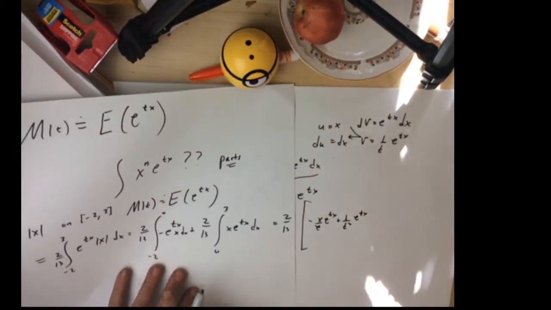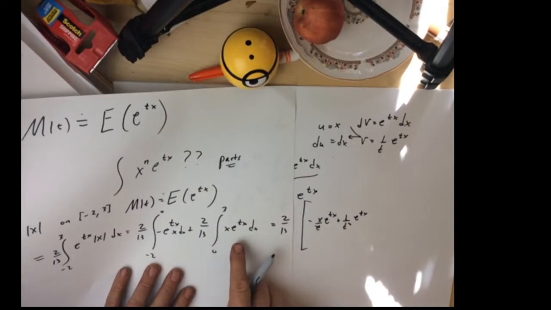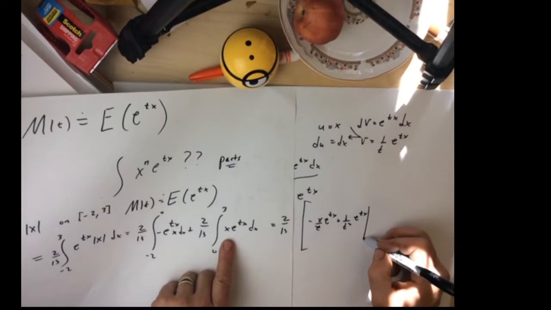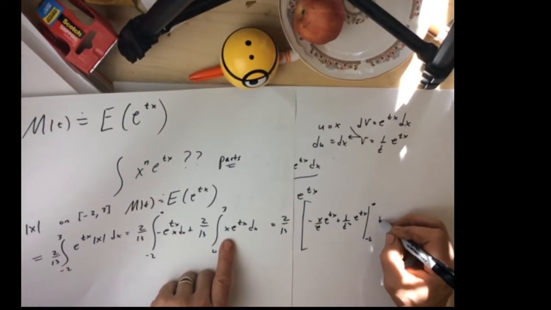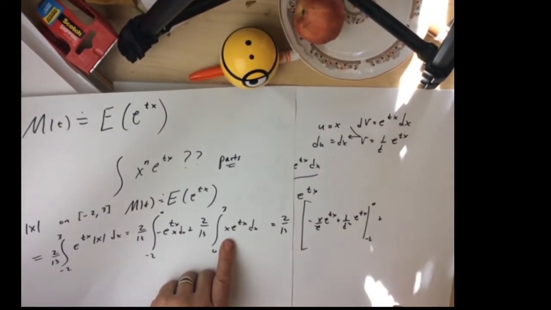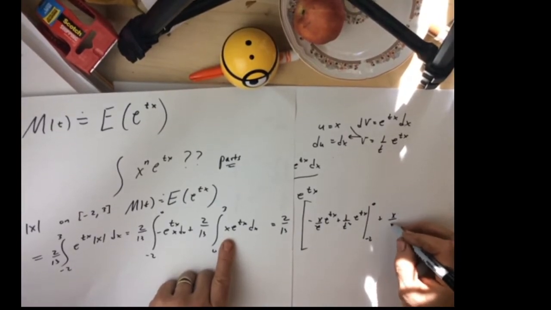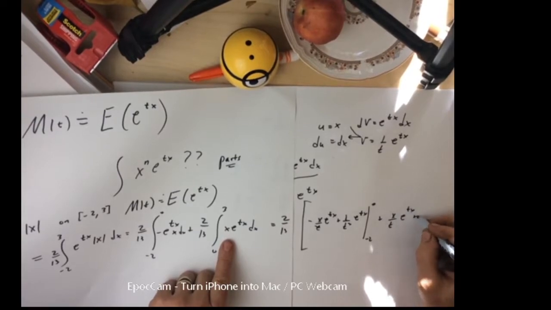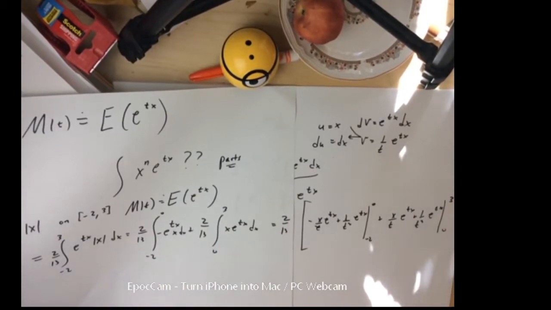So that's the first integral, with the minus having switched everything, and that will be evaluated from minus 2 to 0. And now the second one is the same one, but with a different order of the minus sign: x over t e to the tx plus 1 over t squared e to the tx, and this one has to be evaluated from 0 to 3.